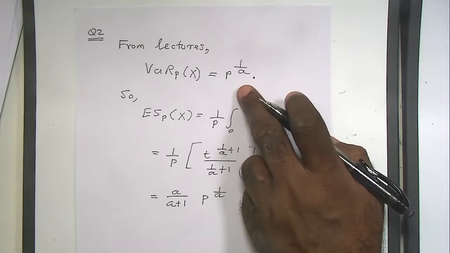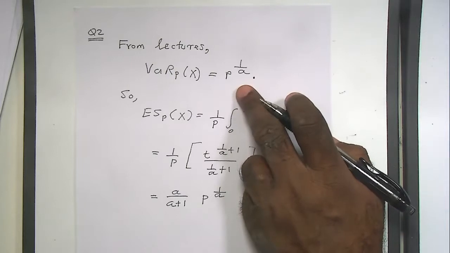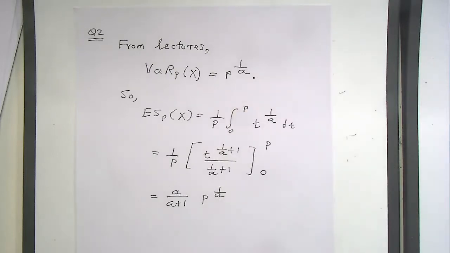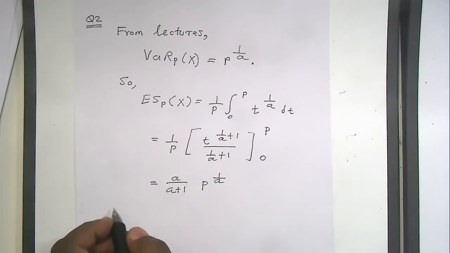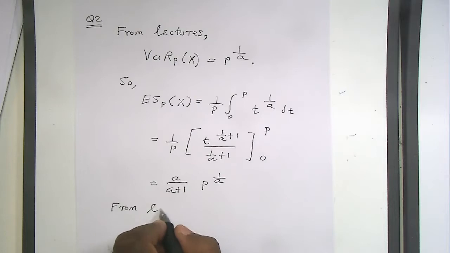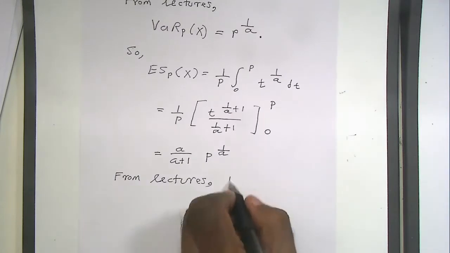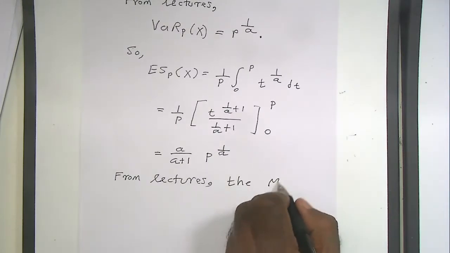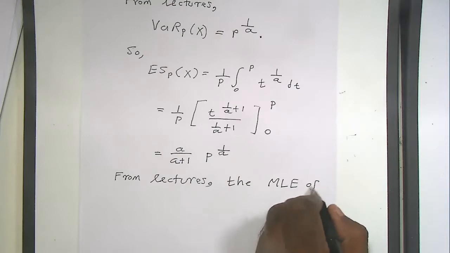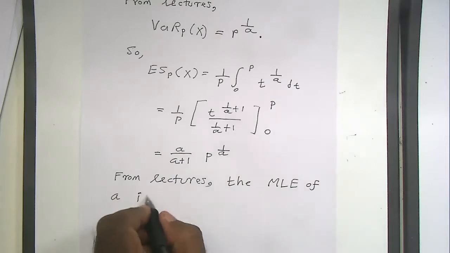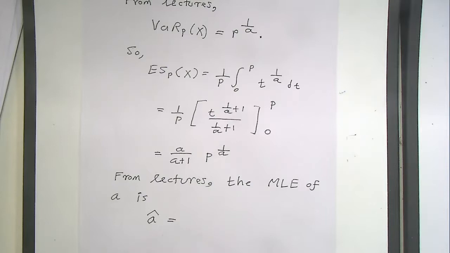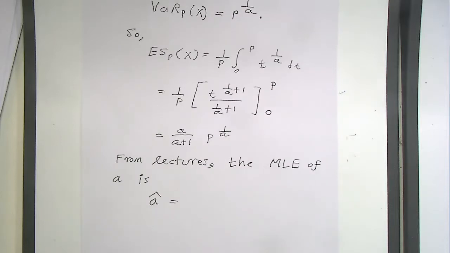We derived this formula in the lecture notes, I mean, in the handwritten notes. And we also showed from lectures, you may remember, the MLE of A. You should look back in your handwritten notes, or the one I put online.